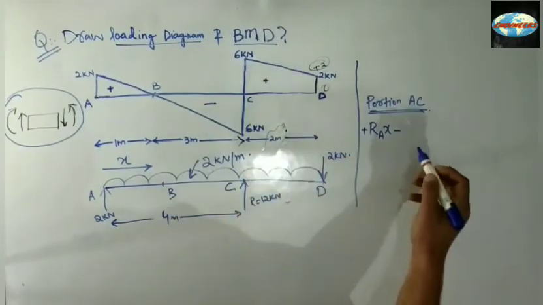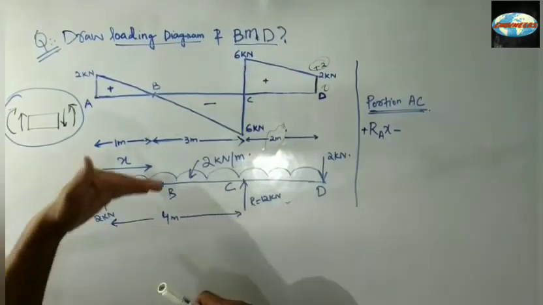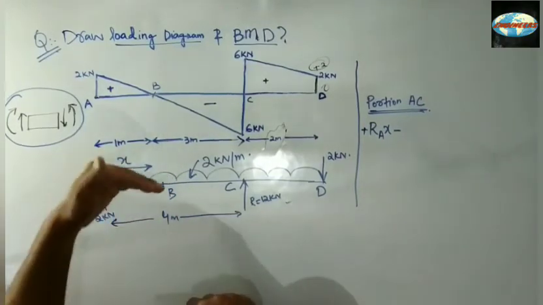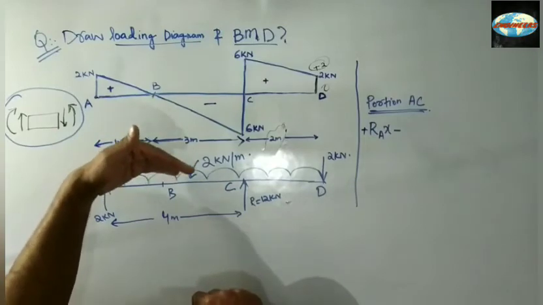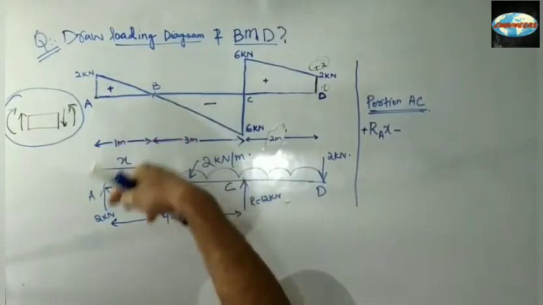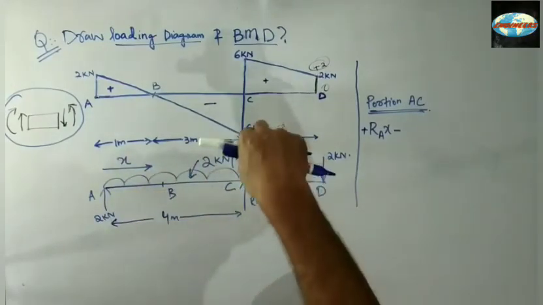Okay, and minus is because this UDL is obviously downwards, and if I calculate the moment due to this UDL, it will always be clockwise.